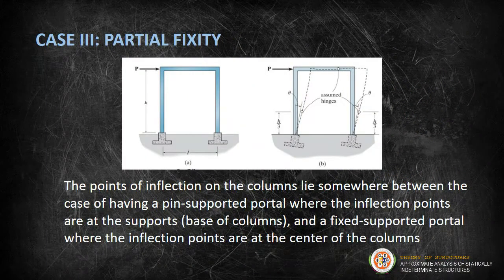For the third case, the points of inflection on the columns lie somewhere between the case of a pin-supported portal, where the inflection points are at the supports, or the base of the columns, and a fixed-supported portal, where the inflection points are at the center of the columns.